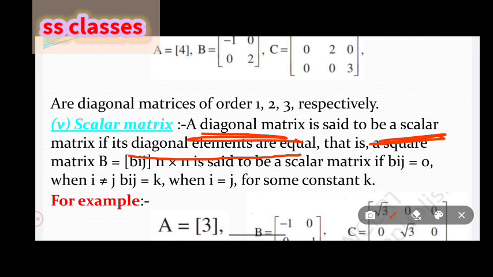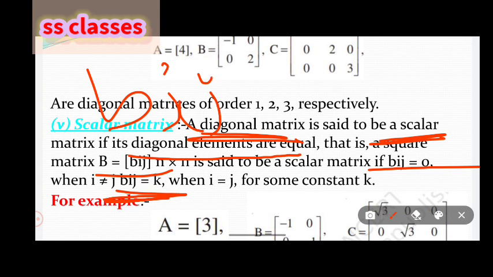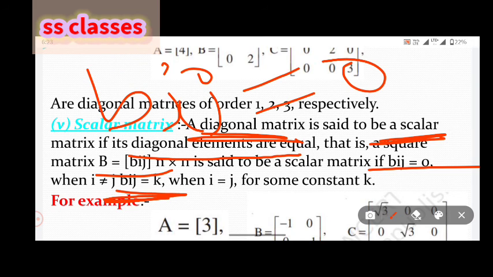That is, a square matrix B equal to [Bij] n into n is said to be a scalar matrix if Bij equal to 0 when i not equal to j, and Bij equal to k when i equal to j. For a diagonal matrix, Bij equal to 0 off the diagonal, but in a scalar matrix the diagonal entries are all equal to k.